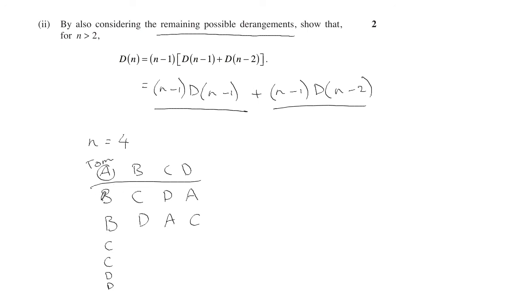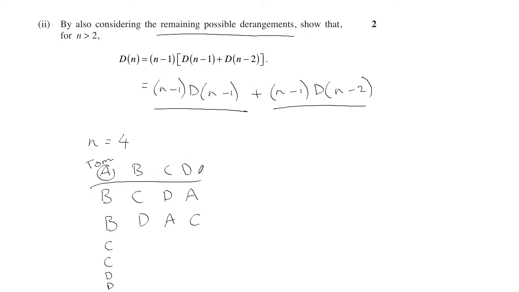And then for each choice of hat that he has, there's 2 different ways that these people can arrange their hats. And that's because you can imagine it as Tom swaps hats with someone. So in this case, he swaps hats with B. So you can imagine B is now wearing Tom's hat. And then B can't keep Tom's hat. He has to swap it with someone else.